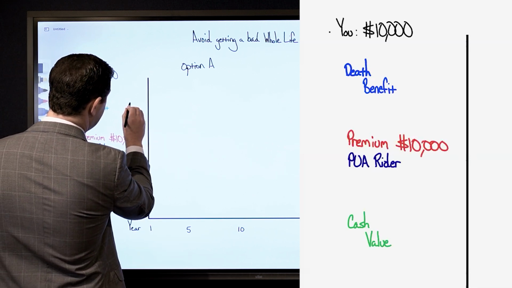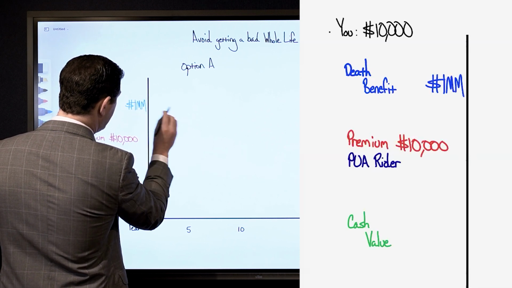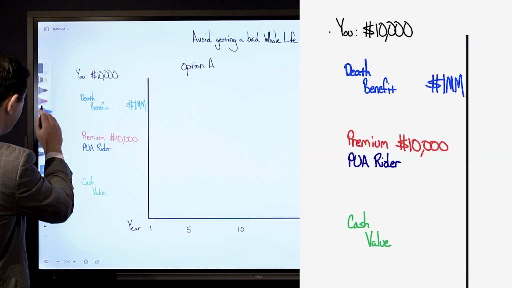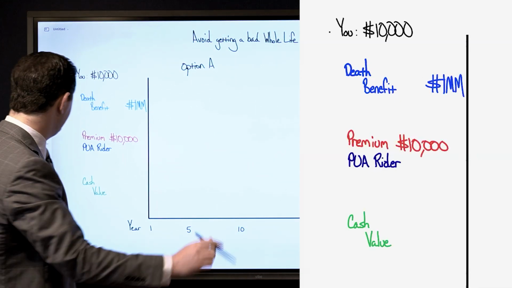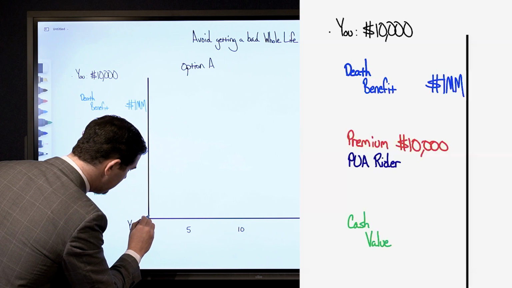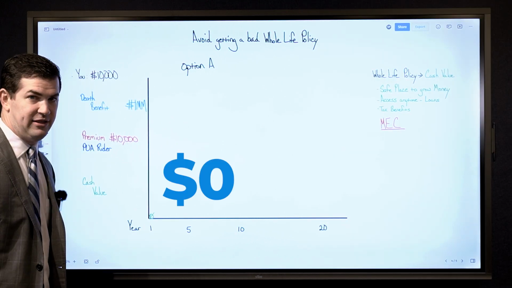Let's assume that that is $1 million. Okay. So you've got a $1 million death benefit, a $10,000 premium that you're paying to buy that $1 million death benefit, and your cash value in the first year will be zero. You don't have anything.